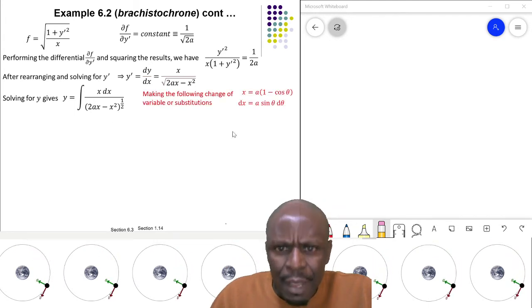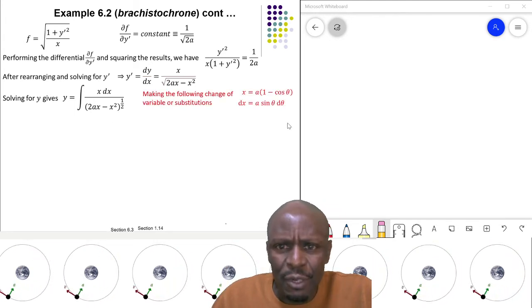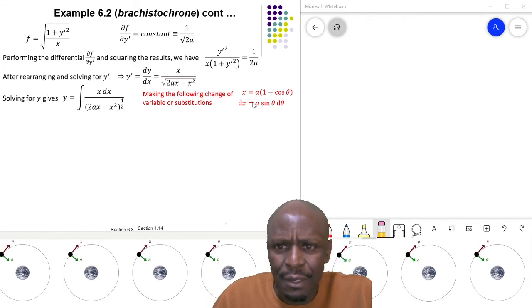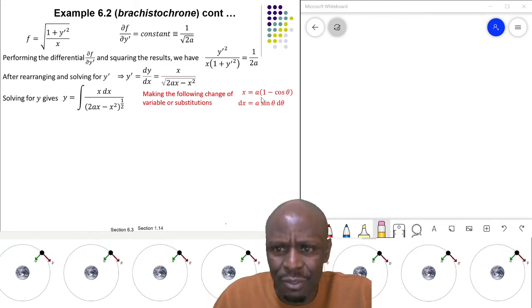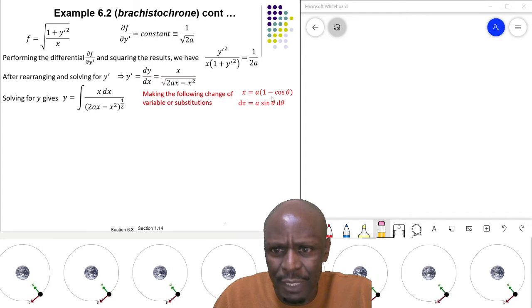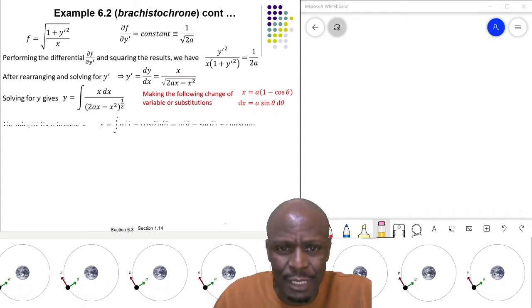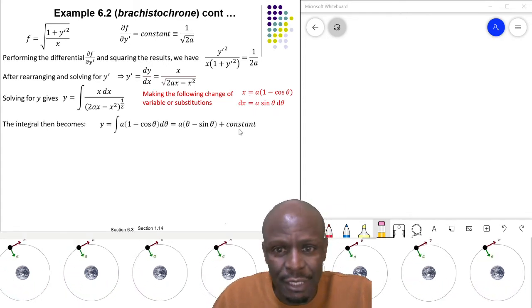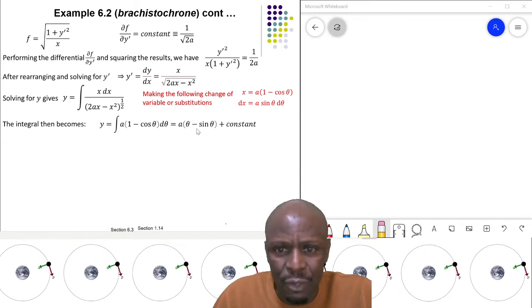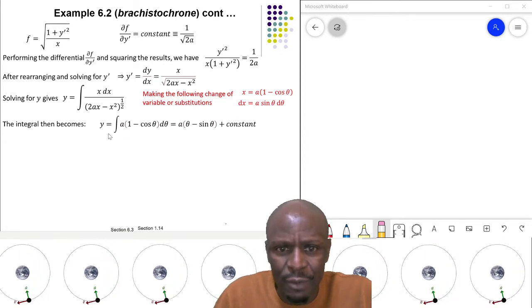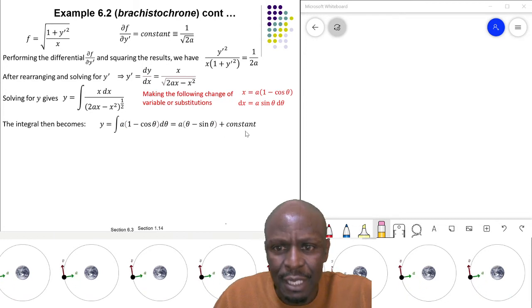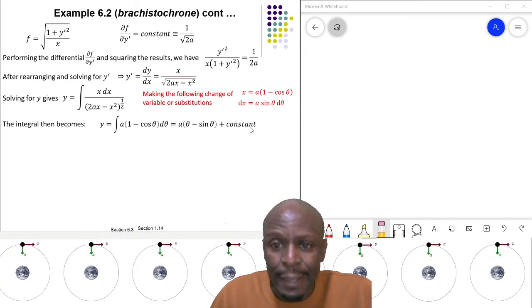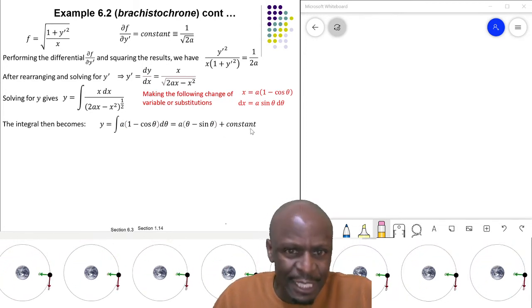Now, by making the following change of variables or substitution, when you define x to be equal to this, and dx must just be equal to this, and you do the integration, this is what you are going to have for your answer. Therefore y will just be given by this plus a constant, and we can get this constant by using the initial conditions.